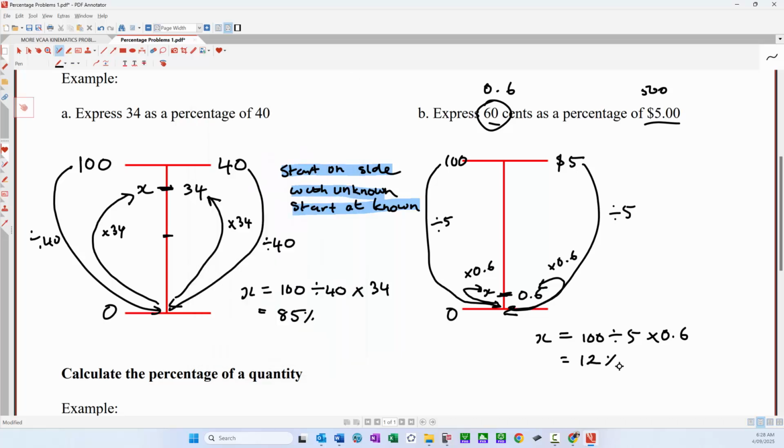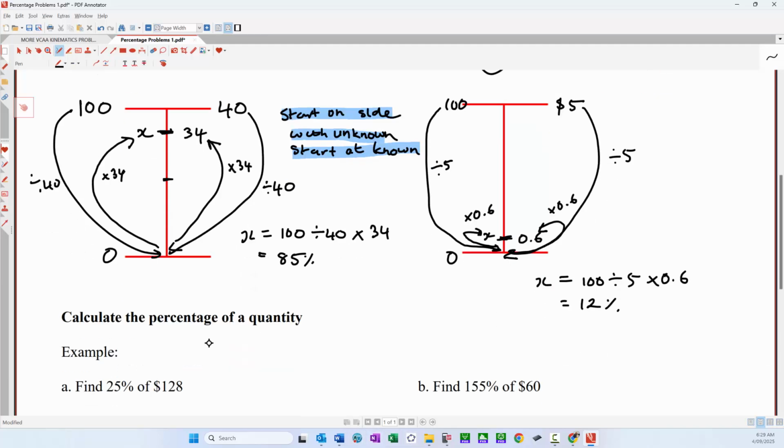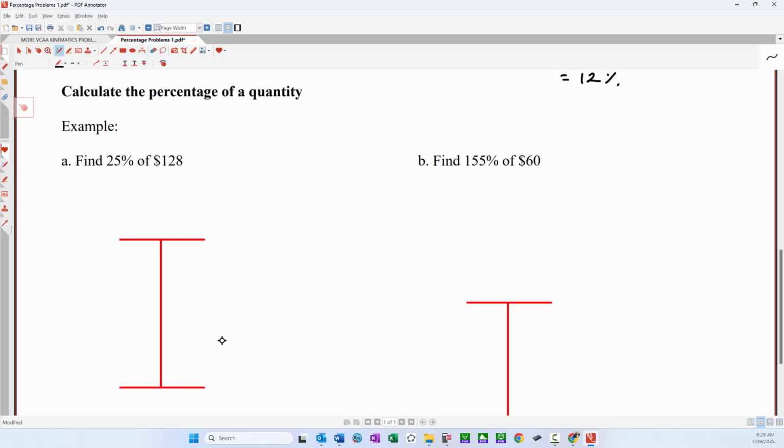That's basically saying that 60 cents represents 12% of the $5. Or if I was saving up and I wanted to know what percentage of the way I was towards my target, that would be 12% of the way.